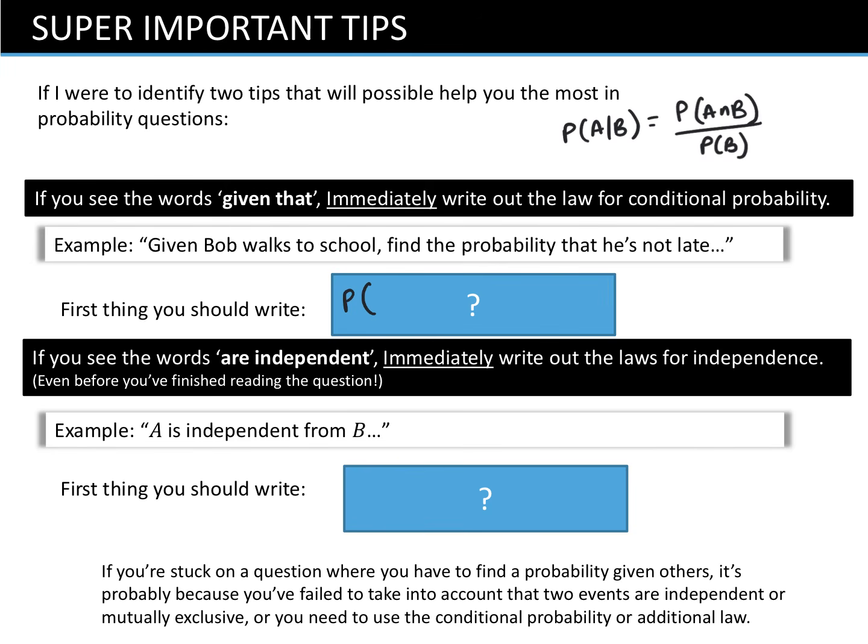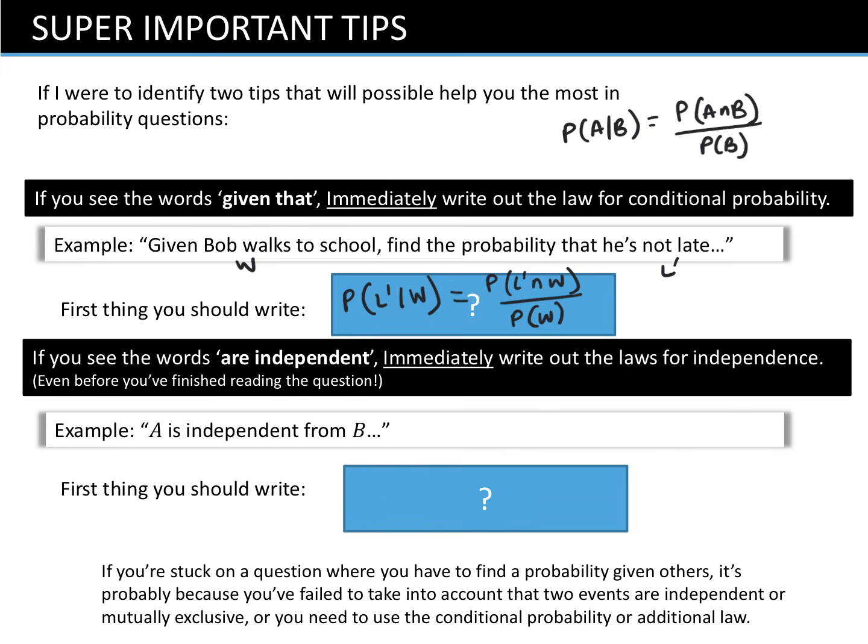So given that means whatever is given, so walking. Not late is L dash. This is how we would write that. And we know this is the probability of L dash intersection W over the probability of W.